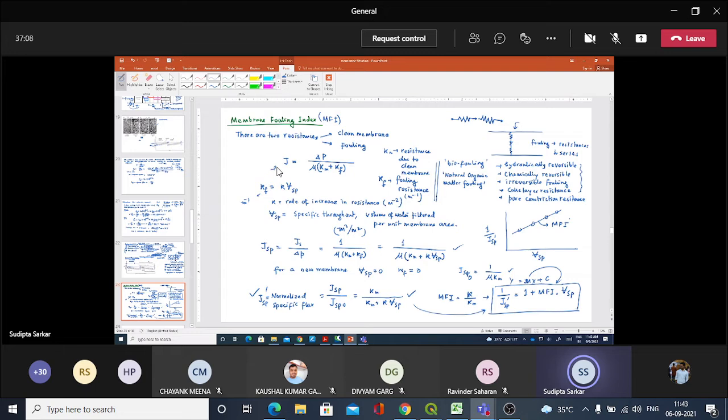Obviously the water quality for both cases should be the same. MFI has been used to compare fouling between different membrane products and different source waters. And it shows that if we calculate the MFI values, then our bench scale and pilot scale data actually match each other.